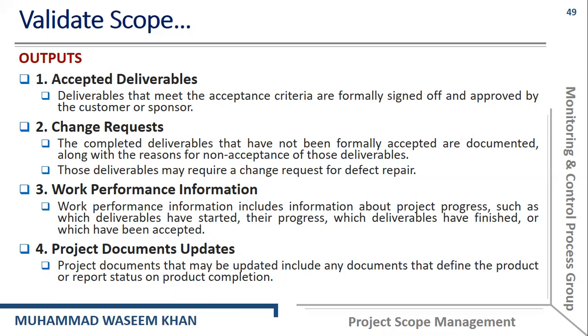So in work performance information, we have to collect information about the project progress: when the project started, what their progress is, and which deliverables have been finished or which have been accepted.